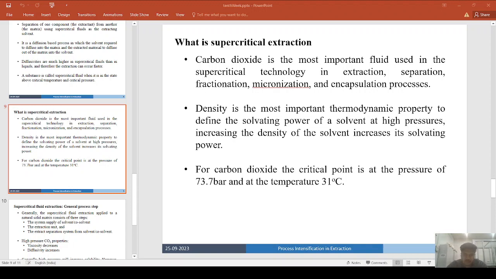So what is the most common fluid used in supercritical extraction? It is actually carbon dioxide. Carbon dioxide is the most important fluid in supercritical fluid technology in the extraction, separation, fractionation, micronization and encapsulation processes.